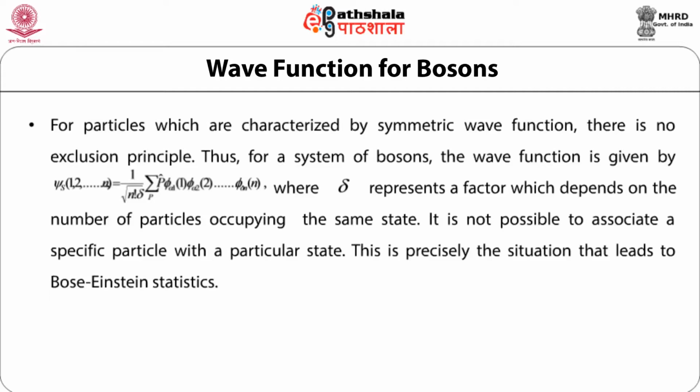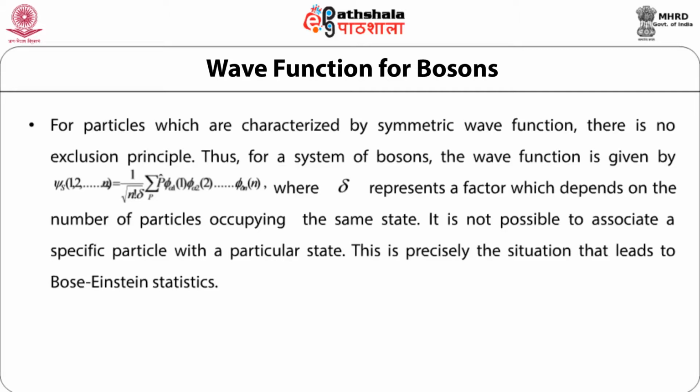Thus, for a system of bosons, the wave function for the complete system is given by the symmetric wave function, which is given mathematically as psi subscript S of particles 1, 2, and so on till n is equal to 1 upon under root n factorial times delta whole times the summation over p of the permutation operator p acting on the state phi 1 subscript alpha 1 1, phi 2 subscript alpha 2 2, and so on to phi n subscript alpha n n, where the term delta represents a factor which depends on the number of particles occupying the same state.